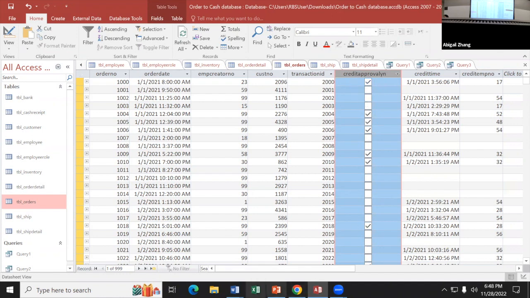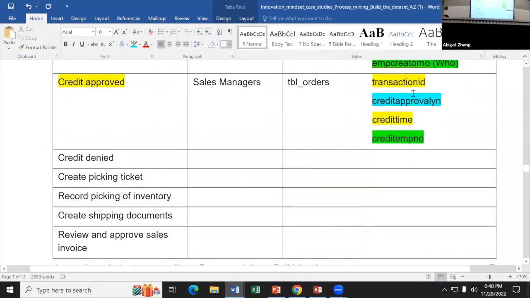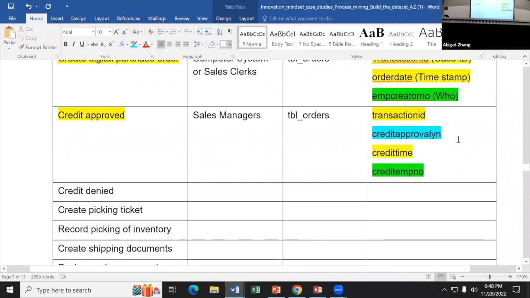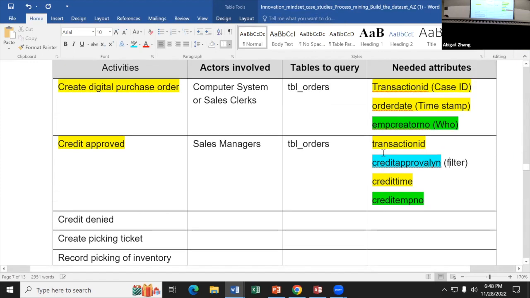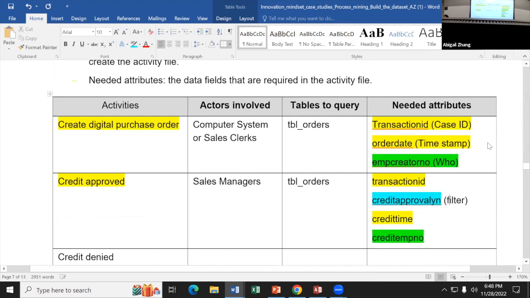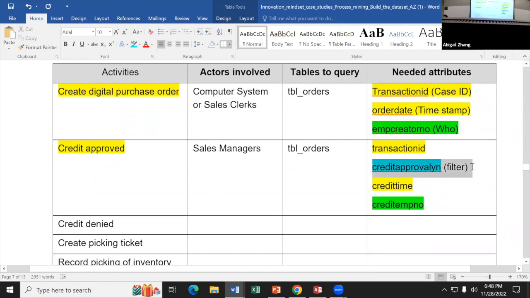And so that's why here we also include this additional attribute as a filter. So let me put this. Okay, so this is acting as a filter, but we do not include that in our final result, right? So in our final result, we only need case ID, timestamp, activity, and who is involved. But here, this credit approval, yes or no, is acting as a filter.